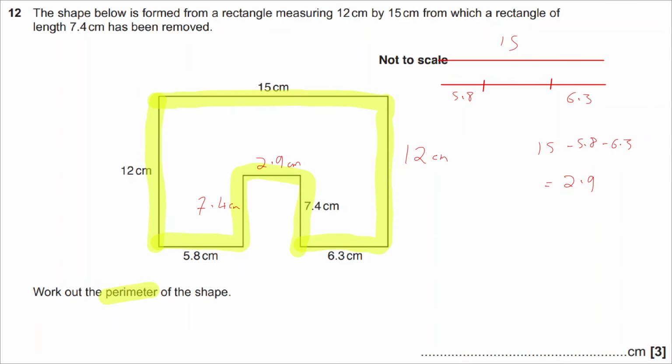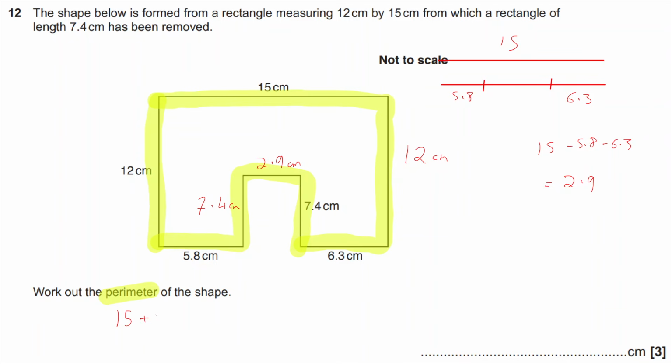You've got to make sure you've got the length of every single part of that shape. That's pretty important here. Now, to get the perimeter, we just add it all together. So if we start with this length, keep it in order, we've got 15.